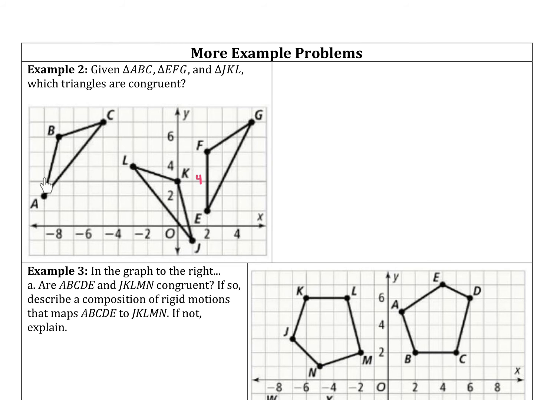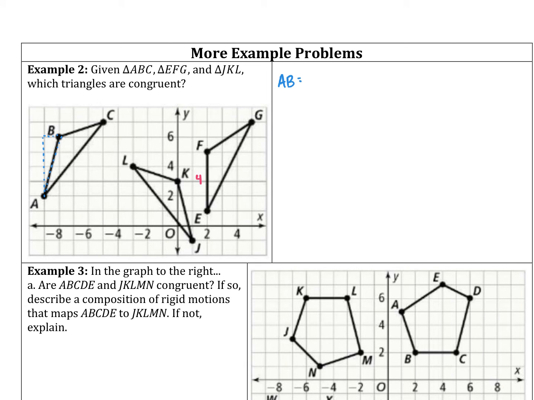And the way I can tell it's going to be slightly longer than 4 units is I can think about the distance formula, or the way I view the distance formula, which is I'm going to draw a right triangle using segment AB as its hypotenuse. And the length of segment AB would be this distance squared plus this distance squared, and then the square root of that. So I'll do that off to the side.